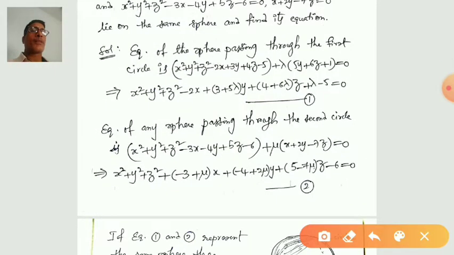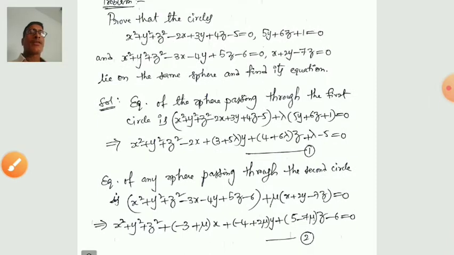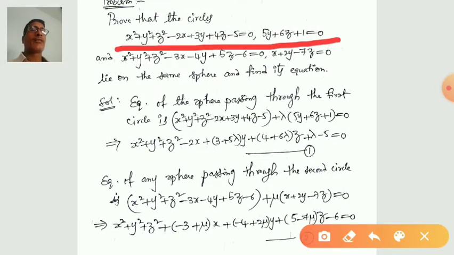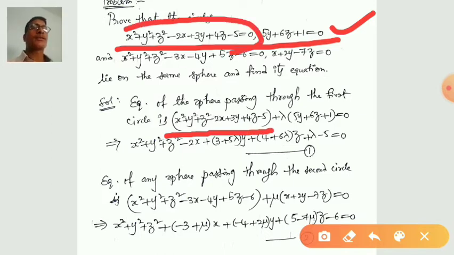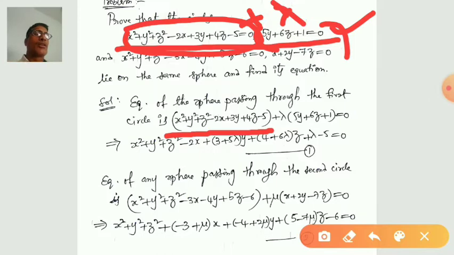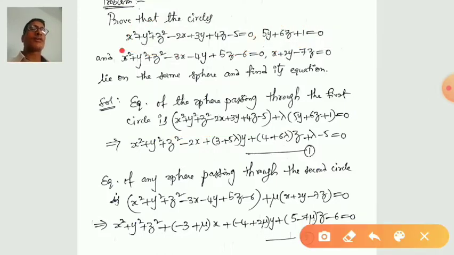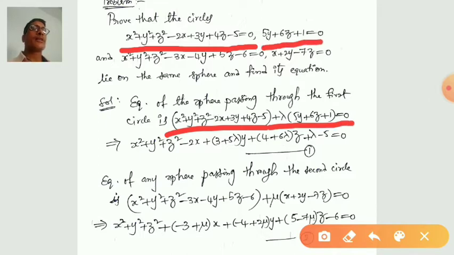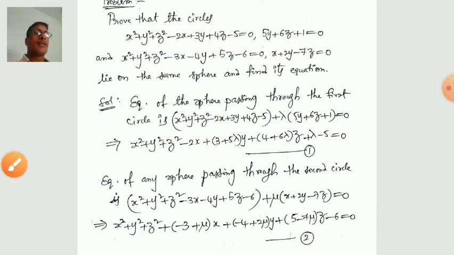Equation of the sphere passing through circle 1 is like this: x² + y² + z² - 2x + 3y + 4z - 5 + lambda into (5y + 6z + 1) = 0.